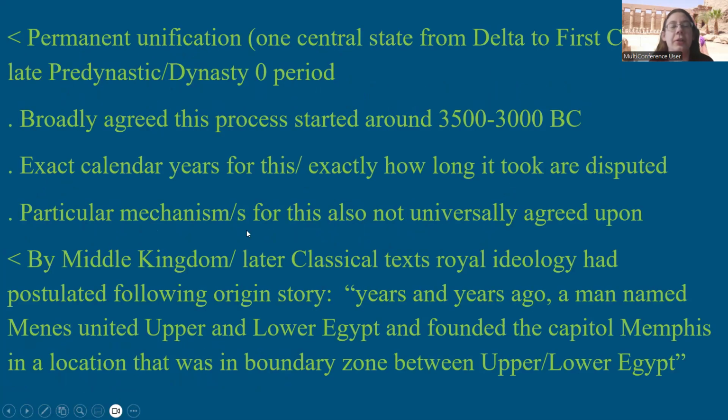If you've watched some of the earlier content in this series, you might know that the territory of ancient Egypt, in terms of its geography, was roughly divided into Lower and Upper Egypt.